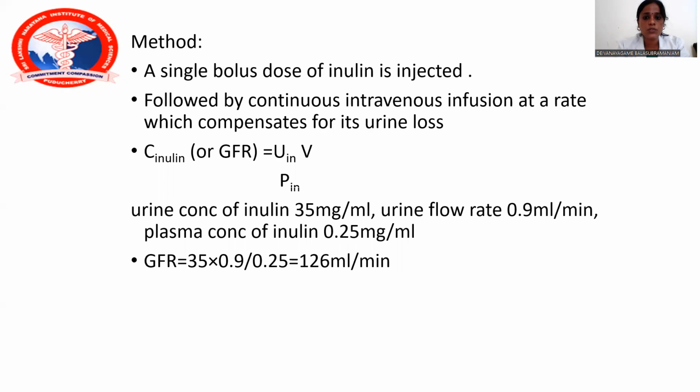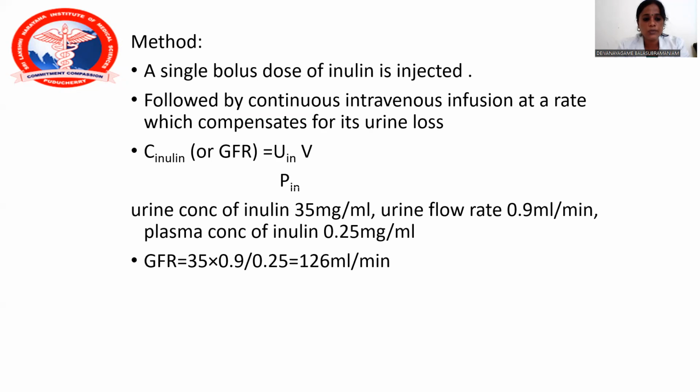A single bolus dose of inulin is injected, followed by continuous intravenous infusion at a rate which compensates for its urinary loss. Clearance of inulin is equal to UV by P. C inulin is the clearance of inulin, U inulin is the urine concentration of inulin, V is the volume of urine flow rate, multiplied by, divided by the P inulin, the plasma concentration.